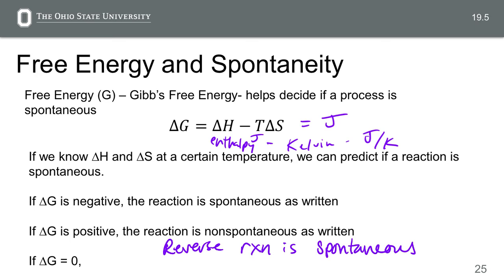What if delta G is 0? If delta G is 0, then the reaction is at equilibrium. And equilibrium comes back to haunt you.